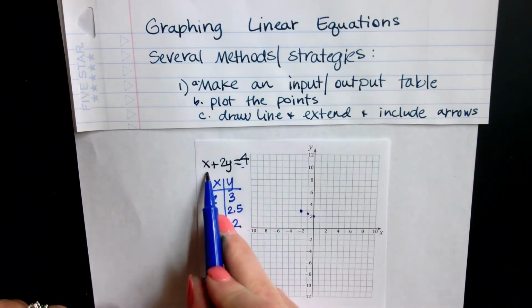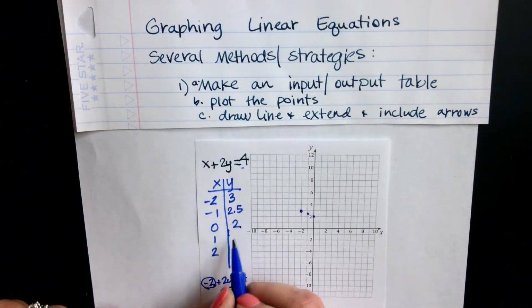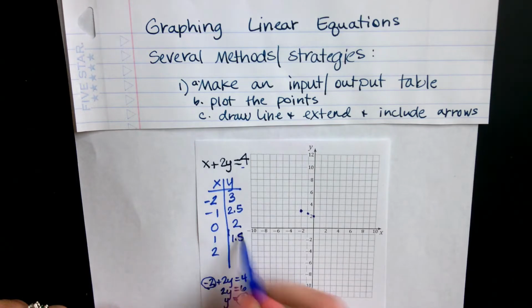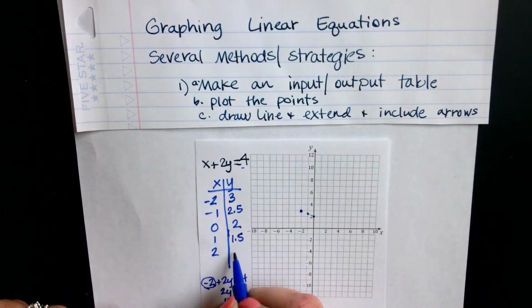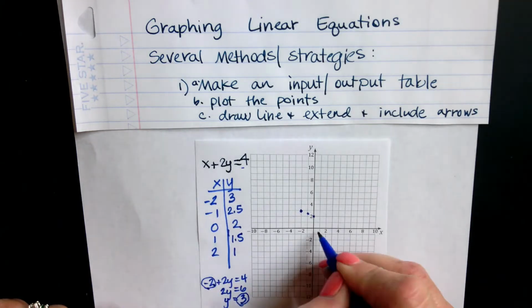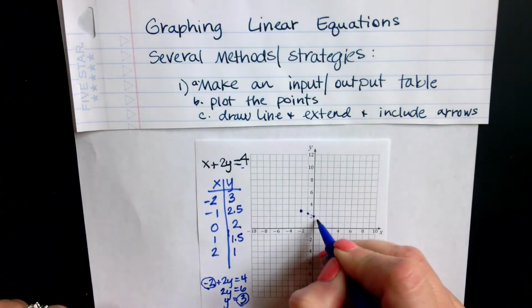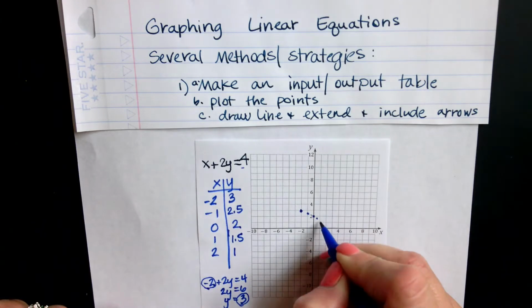If I put a 1 in, y is going to be 1.5. And if I put a 2 in for x, the y would be 1. So I can plot the points (1, 1.5) and (2, 1).